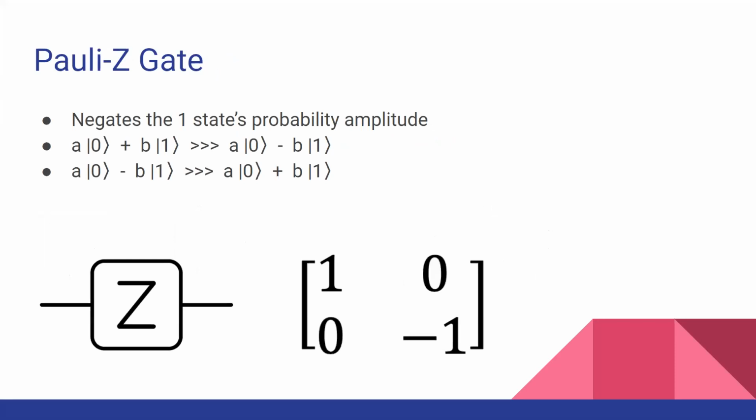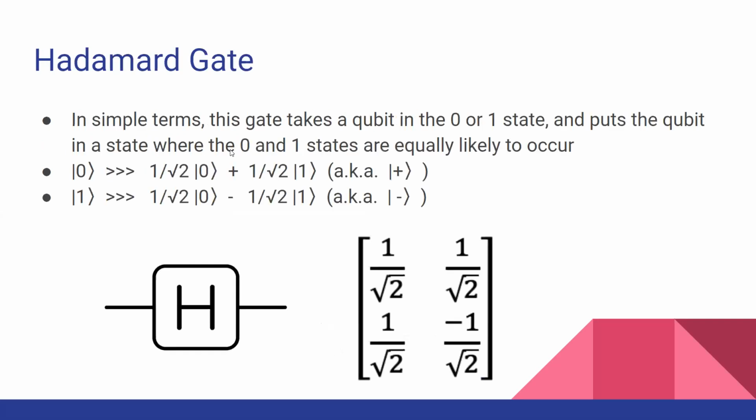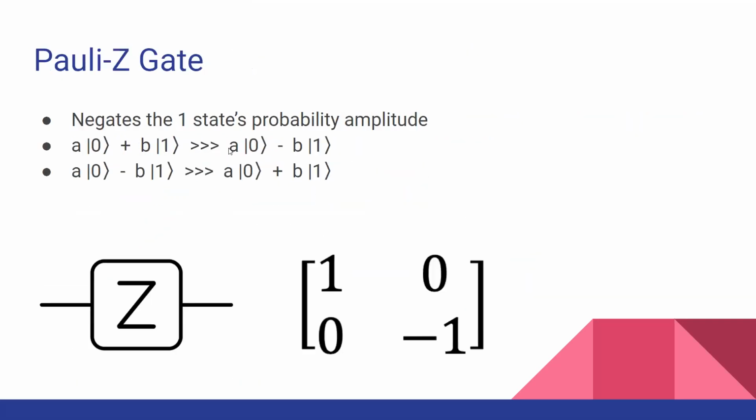Okay, so another commonly used gate is called the Pauli-Z gate. The Pauli-Z gate will negate the 1 state's probability amplitude. So for example, if you feed it the quantum state (A, B) here, you can see the A is unchanged, but the B gets negated.